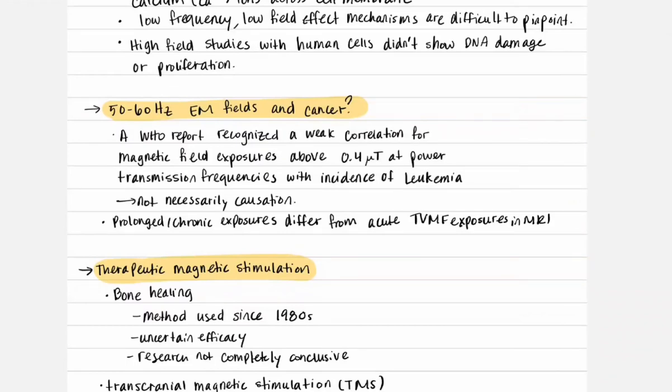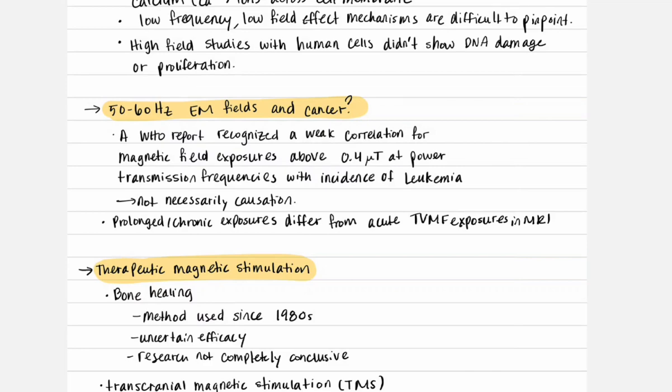There's also been a concern about 50 to 60 hertz electromagnetic fields and their association with cancer. A World Health Organization report recognized a weak correlation for magnetic field exposures above 0.4 microtesla at power transmission frequencies with the incidence of leukemia.